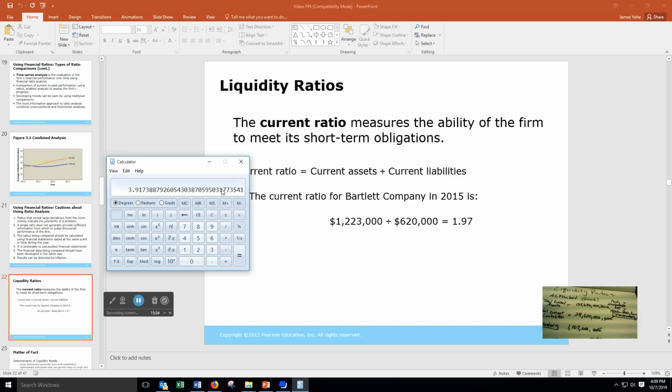And we get a current ratio of 3.92. I'm rounding.